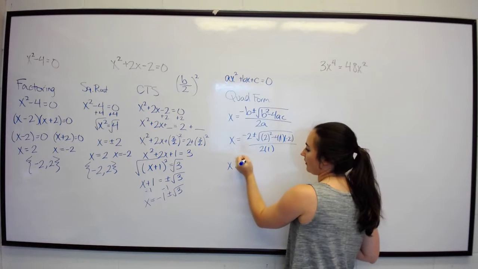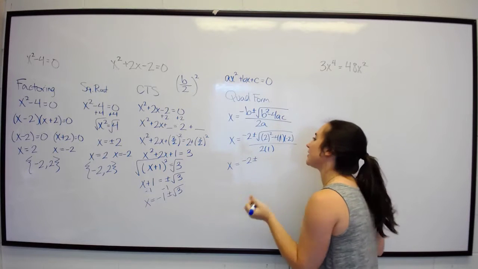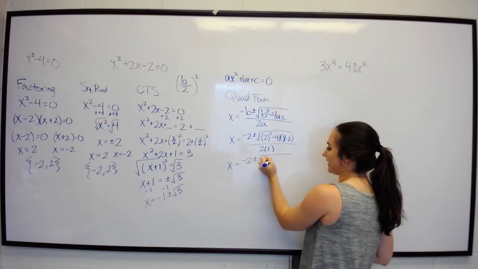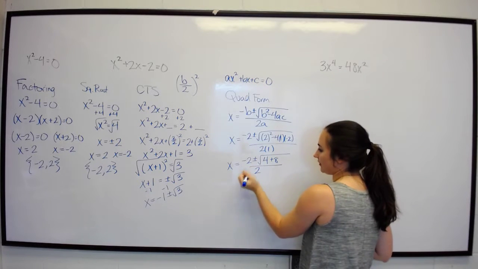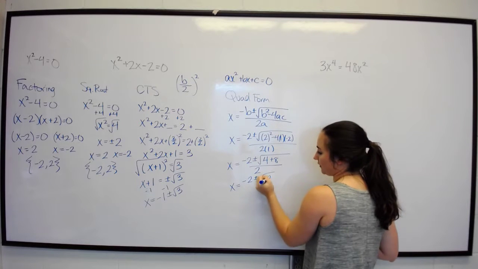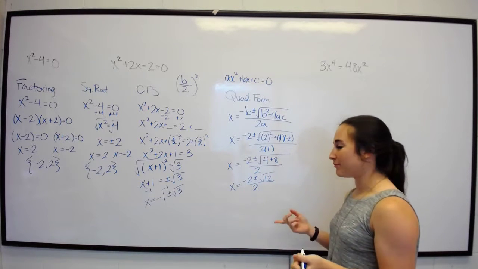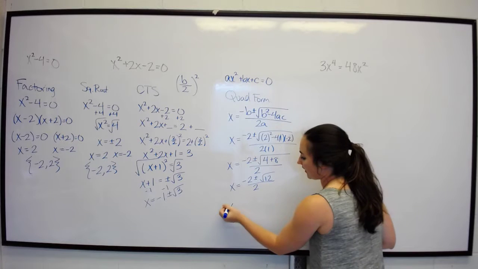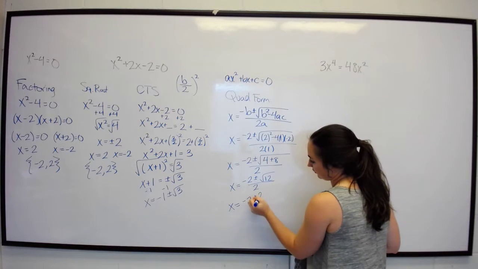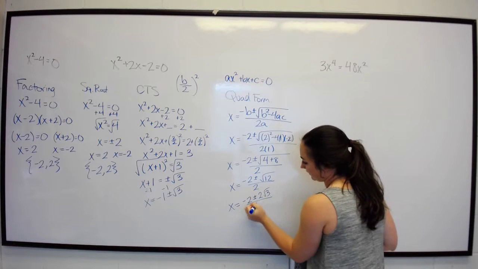Then we'll simplify. We have -2 plus or minus the square root of 4 plus 8 over 2. So this will be -2 plus or minus the square root of 12 over 2. We need to simplify this. We can simplify this radical into 2 square root of 3 over 2.